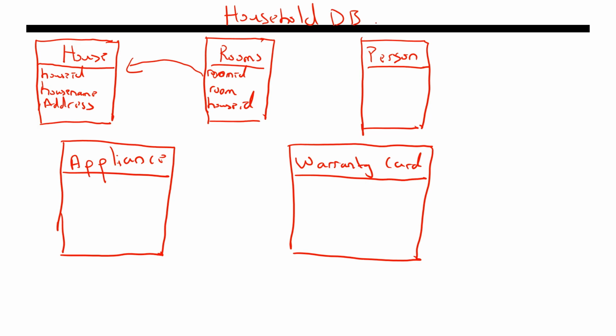For the persons now, you will have a person ID. I will explain in a moment what all these are about. For example, here the house ID we will generally refer to as a primary key. And the room ID we will refer to as a primary key in that particular data table. And the person ID we will refer to as a primary key as well.